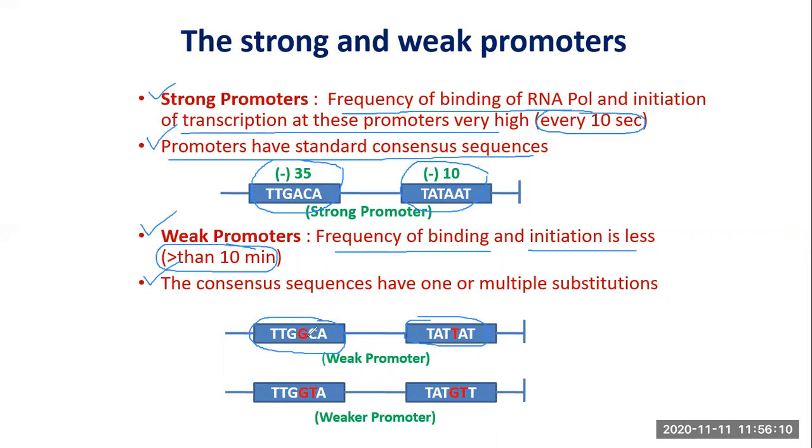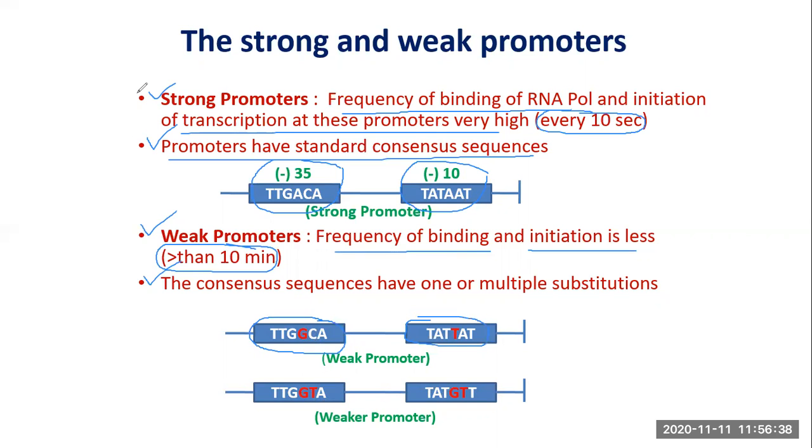So if you have a substitution, the promoter becomes weak. If you have multiple substitutions, the promoter becomes weaker, and if you have more than this, it will still be weak. Such promoters are very difficult for RNA polymerase to recognize. RNA polymerase by itself may not be able to recognize these promoters and may require additional help in the form of transcription factors.